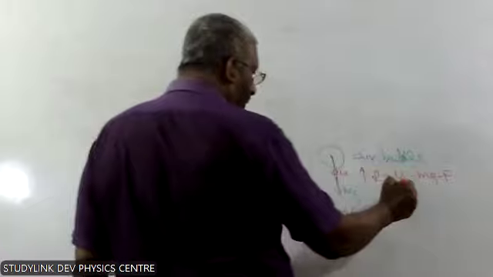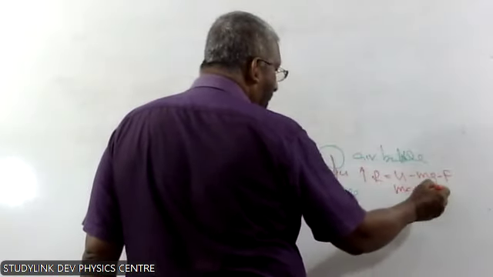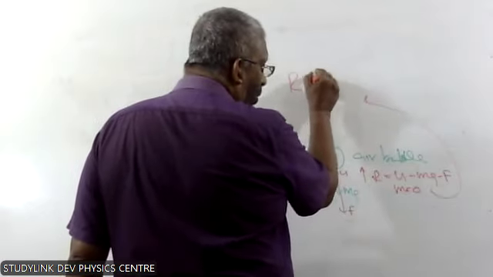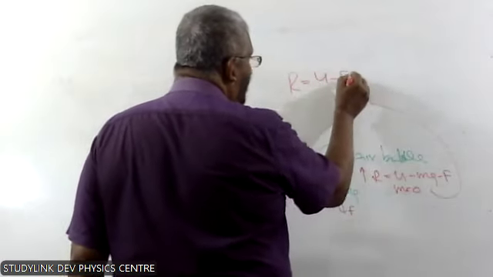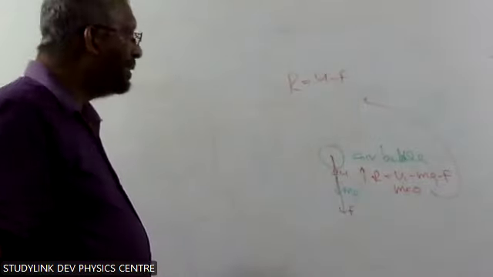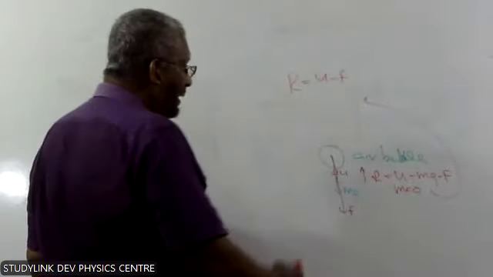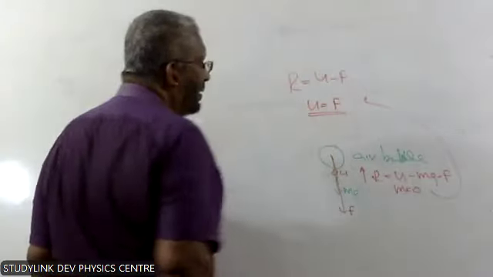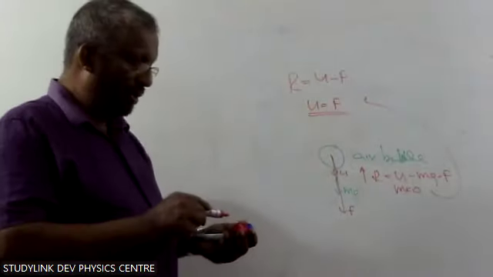Then m becomes 0. Then R is only equal to U minus F. In that situation, terminal velocity is reached when upthrust is equal to F.